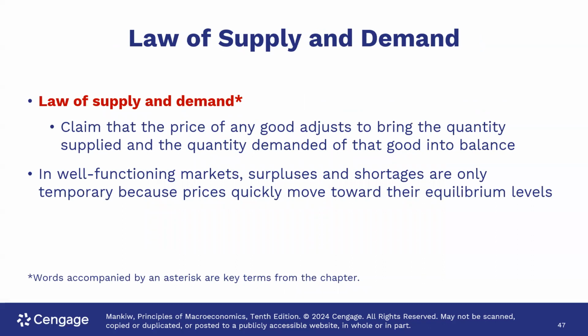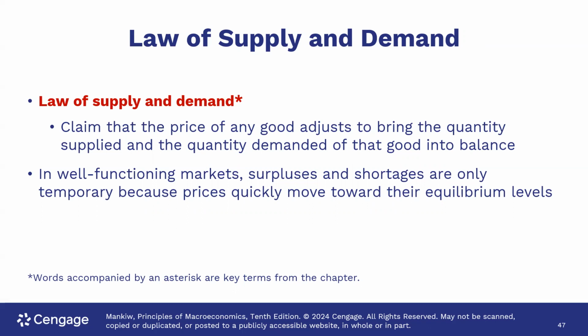Now we come to the law of supply and demand. It claims that the price of any good adjusts to bring the quantity supplied and the quantity demanded of that good into balance. So in well-functioning markets, surpluses and shortages are only temporary because prices quickly move toward their equilibrium levels.